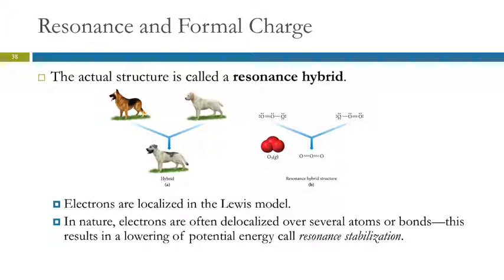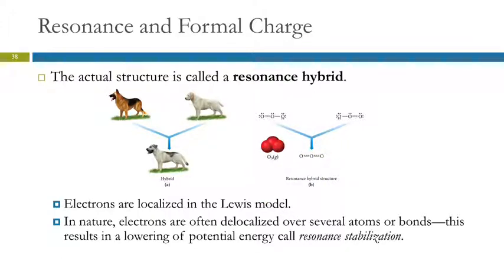Lewis structure does not do a good job of explaining resonance, okay? We're going to look at another model that can handle this. Lewis theory doesn't. But Lewis theory is so great and simple for so many other things that it's still very useful. So what's really happening here in this ozone molecule is that, instead of the electrons being localized between the two atoms, they are actually delocalized, and they're spread out over the whole molecule.